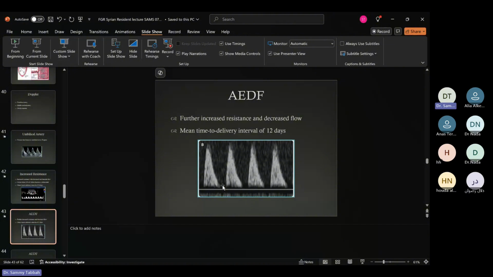So these babies are more in trouble and at higher risk of stillbirth and need to be monitored more closely. When you see absent flow, it typically means that there is a shorter duration of time between when you identify that and when you need to deliver, because the fetus becomes more compromised.